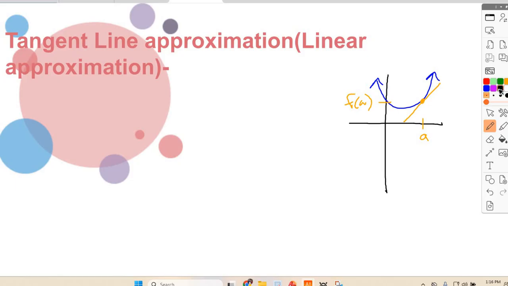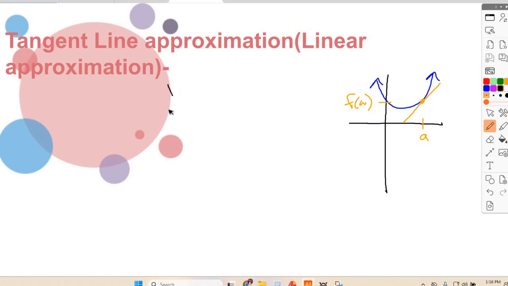So what would the equation of that line be? How do we write out the equation of a line? Point slope form.